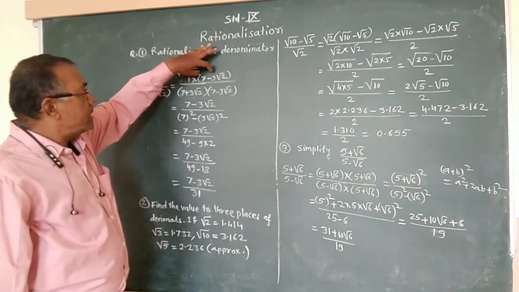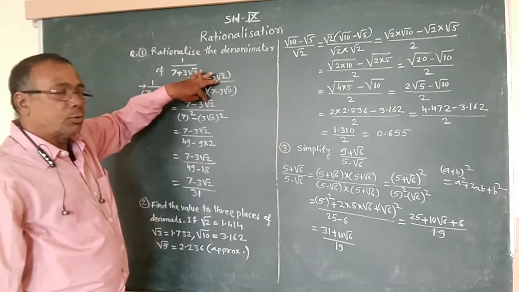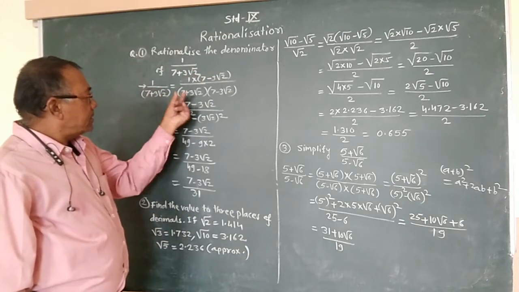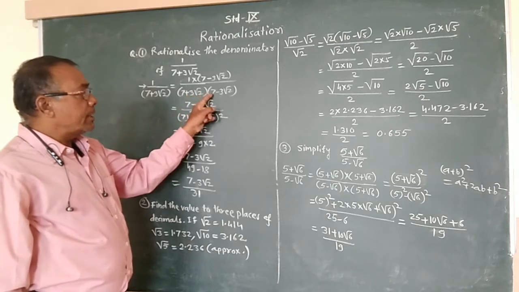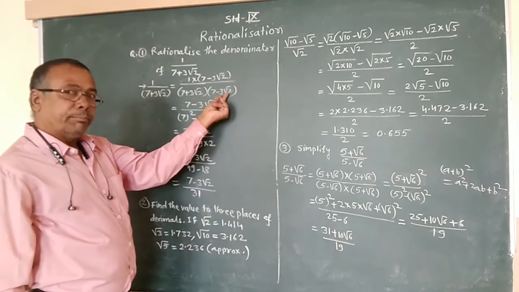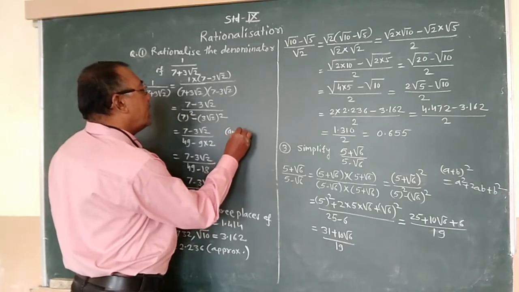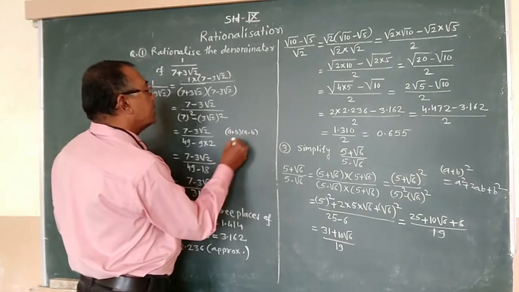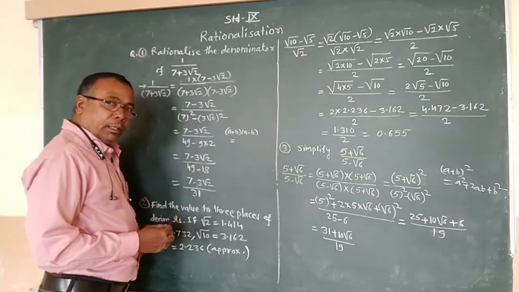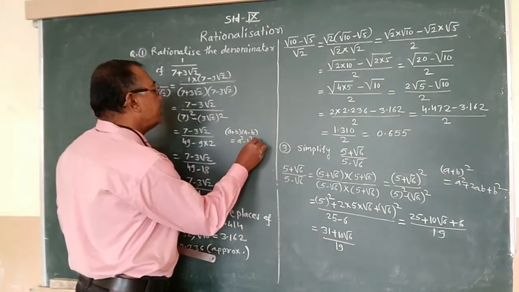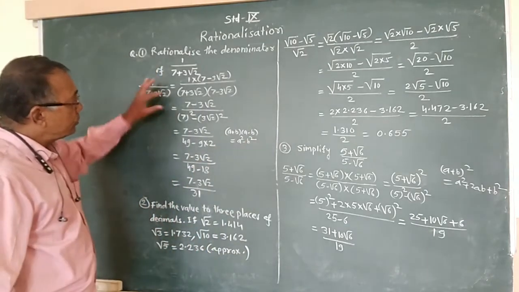So write the numerator as it is, 7 minus 3 root 2. Here, a plus b into another bracket a minus b, if a plus b and a minus b are there, then we know the identity, that is a square minus b square.